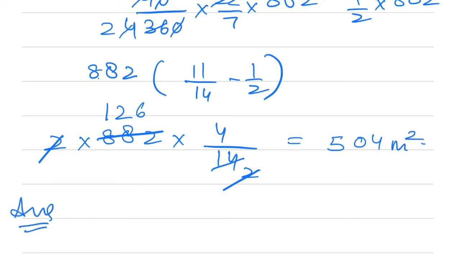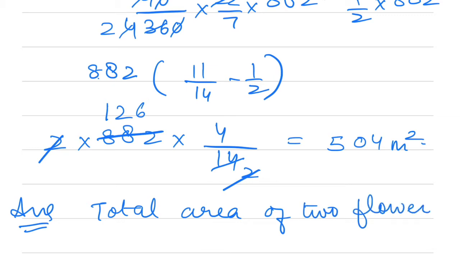So answer, total area of 2 flower beds is equal to 504 meter square.